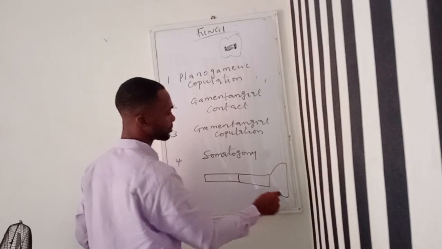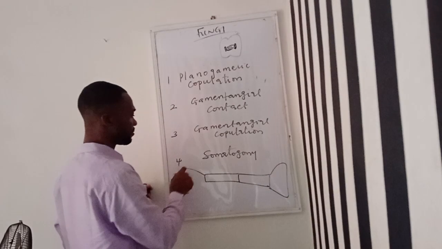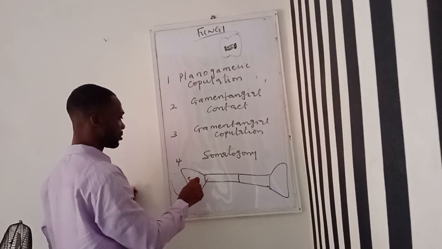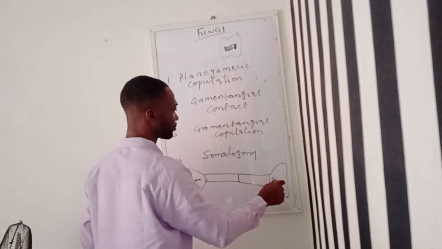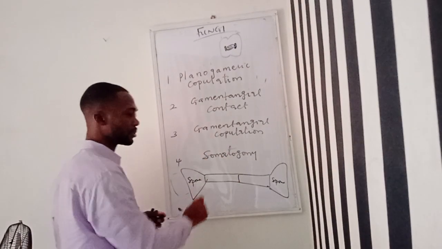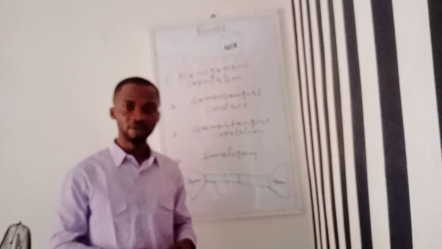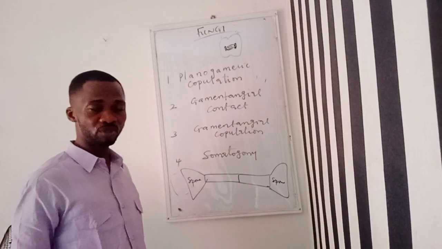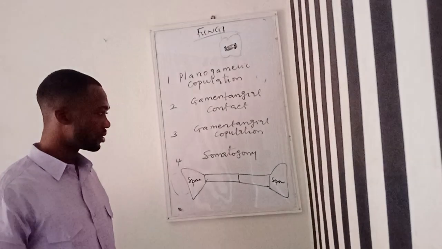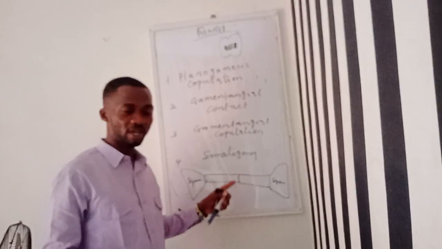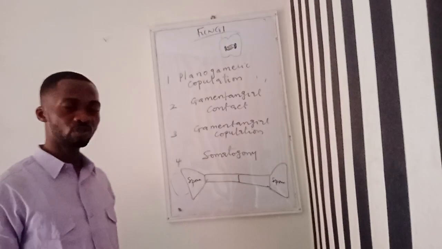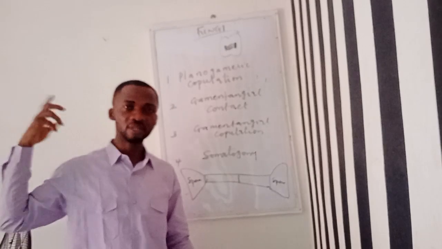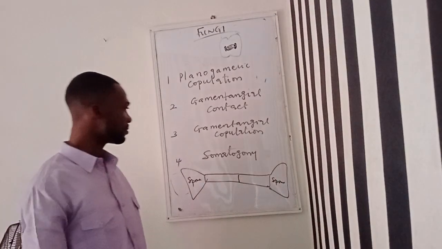By the time they fuse together, they produce spores. The word soma means body. So the task of reproduction is taken over by the bodies instead of reproductive structures. This happens in some fungi, and that's what we call somatogony, where body cells take up reproductive function.